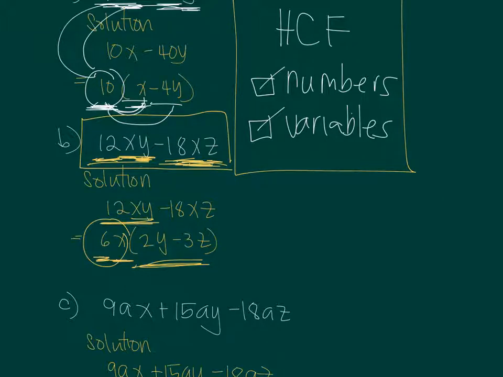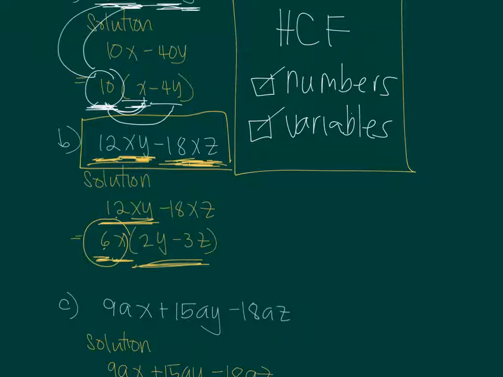So 12xy divided by 6x, 12 by 6 is 2. And then the x and x will cancel, and then you have the y. Then 18, so that's minus 18 divided by 6, so that's minus 3. Then x by x is 1. Then you have the z remaining, so that's minus 3z.